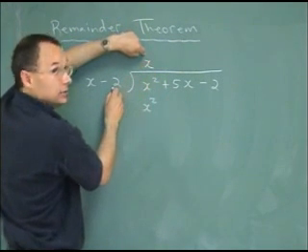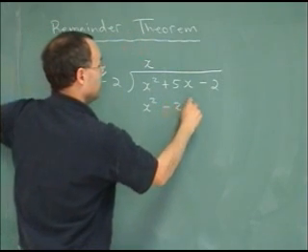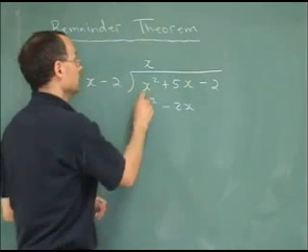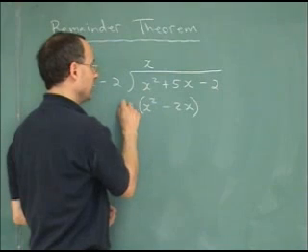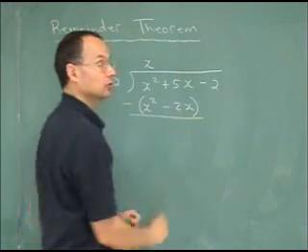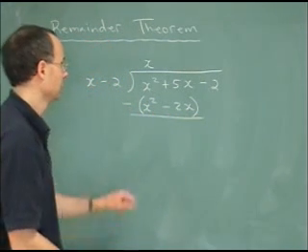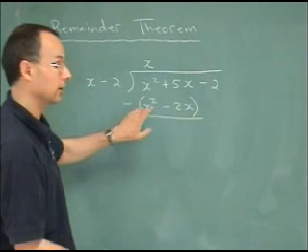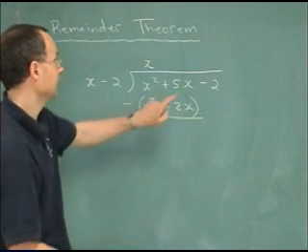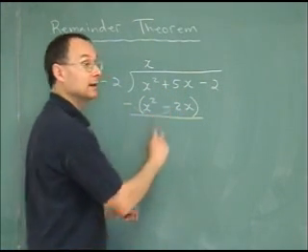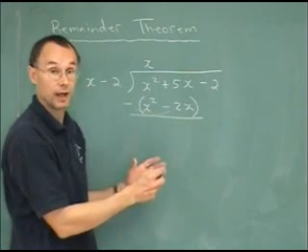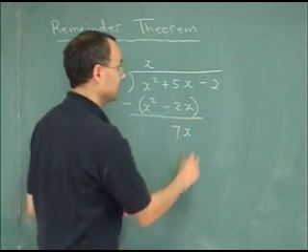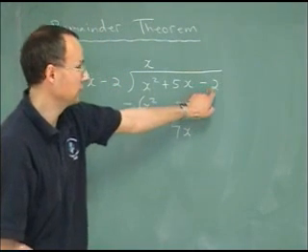X times negative 2 is minus 2x. Then we put brackets around this stuff and subtract. So it's just like long division with numbers. X squared minus x squared, that's gone. 5x minus negative 2x, so 5x plus 2x, 7x. We bring down the minus 2.